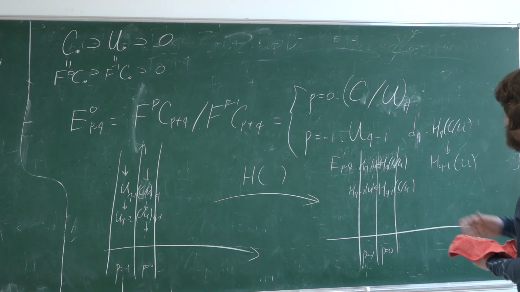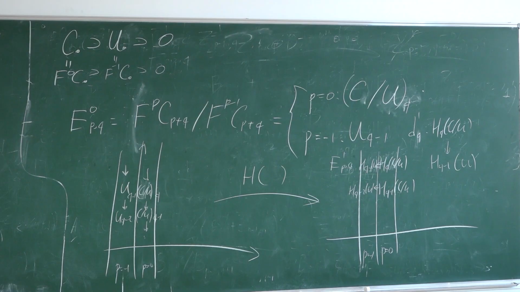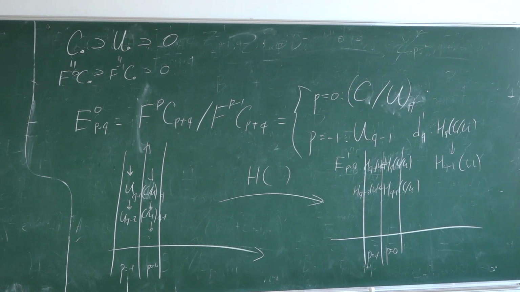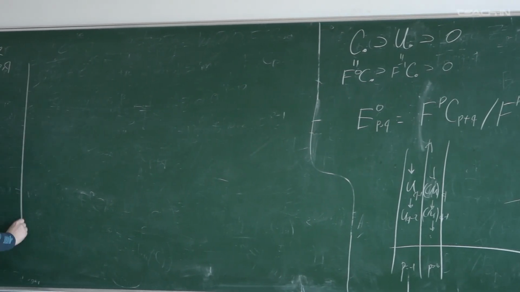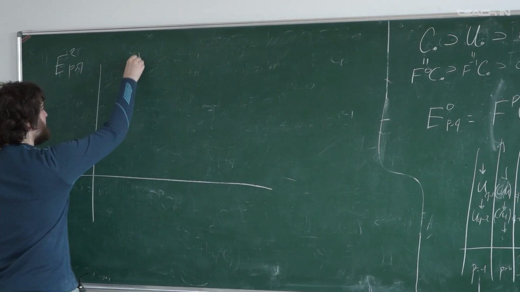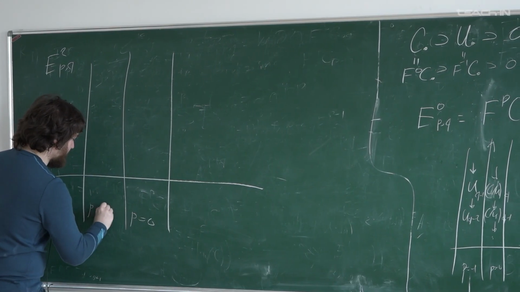Okay, let's compute the next page. The next page is the homology of these short chain complexes. The homology is the kernel and cokernel of these differentials, as we know. So the second page also has two columns, p = 0 and p = -1.